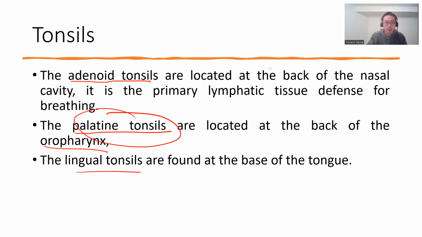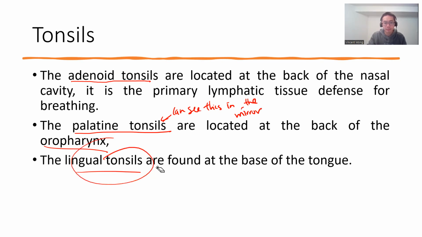That's the one you can see in the mirror, the one I showed you before. You can't really see the lingual one. You're probably going to have a gag reflex if you press your tongue too hard and pull it too far out. But the tonsils are there to screen for pathogens, for things that we inhale or swallow.